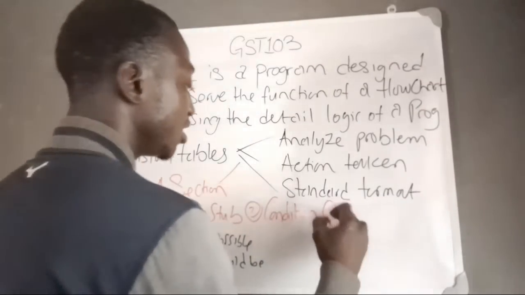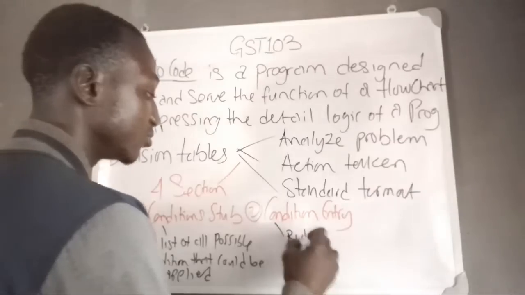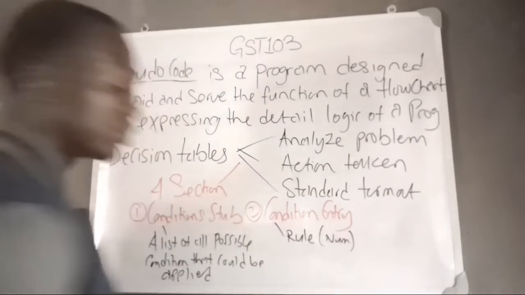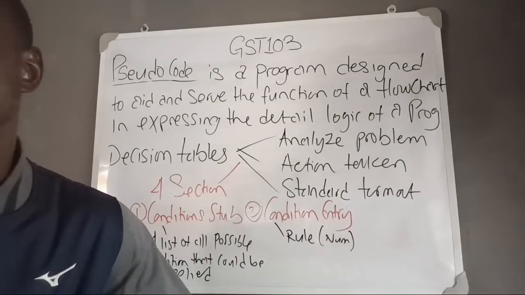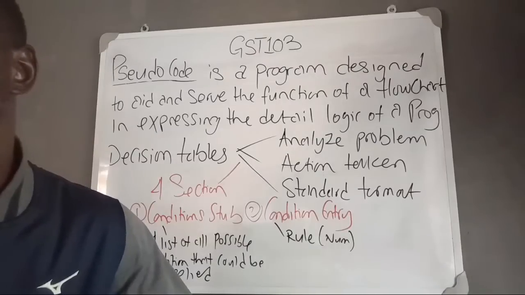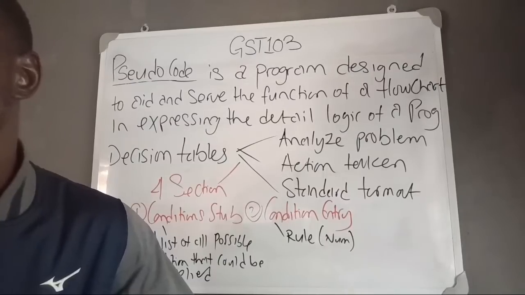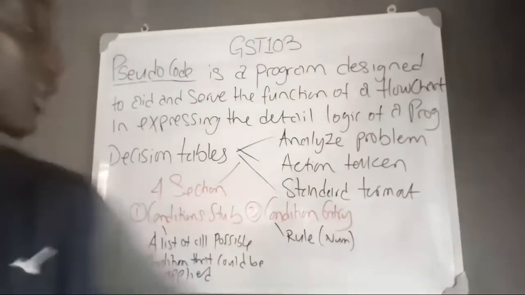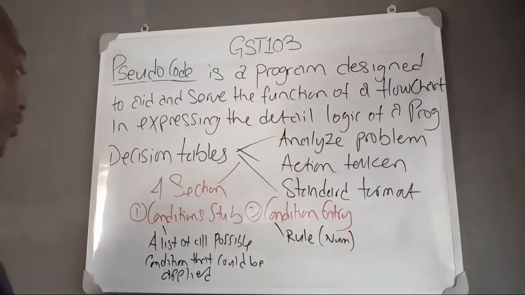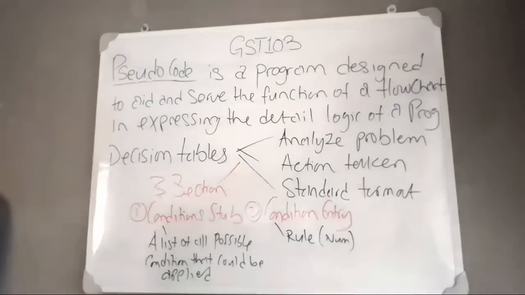And we also have the action stub. Okay, I think I disconnected my keypad. It's actually three, no four. I think I have three here. Actually three sections. So we have that as that.